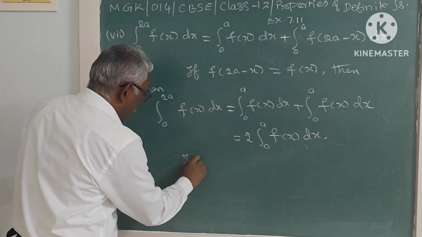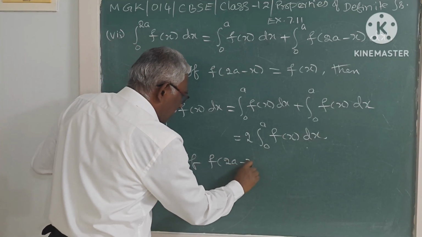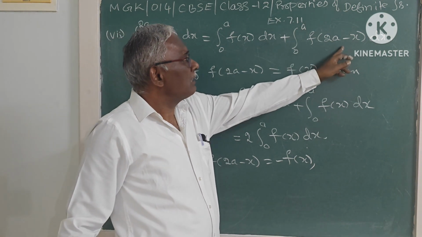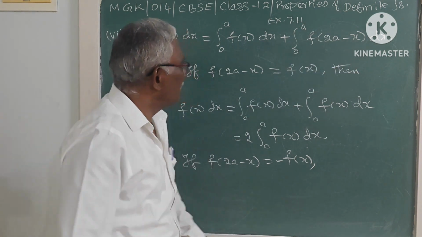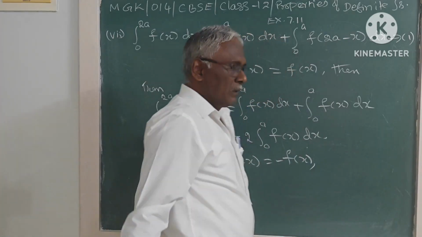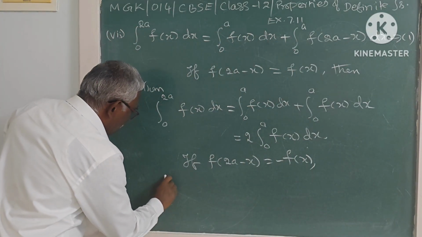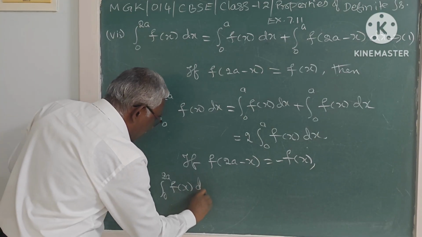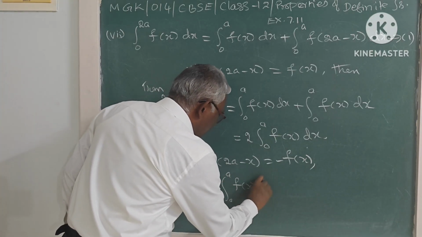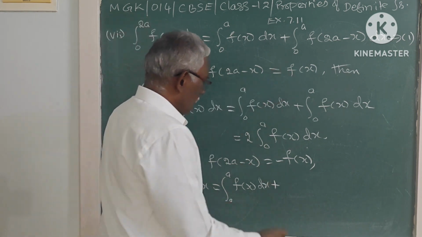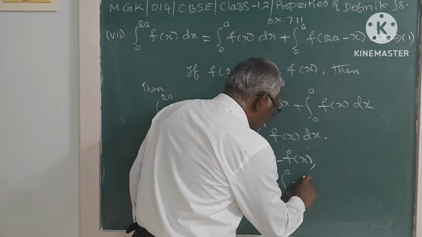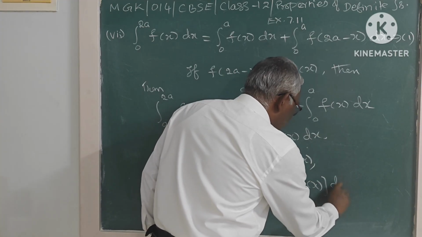Or if f of 2a minus x is equal to minus f of x, then 1 becomes integral 0 to 2a f of x dx is equal to integral 0 to a f of x dx plus 0 to a f of 2a minus x becomes minus f of x, so minus f of x dx.